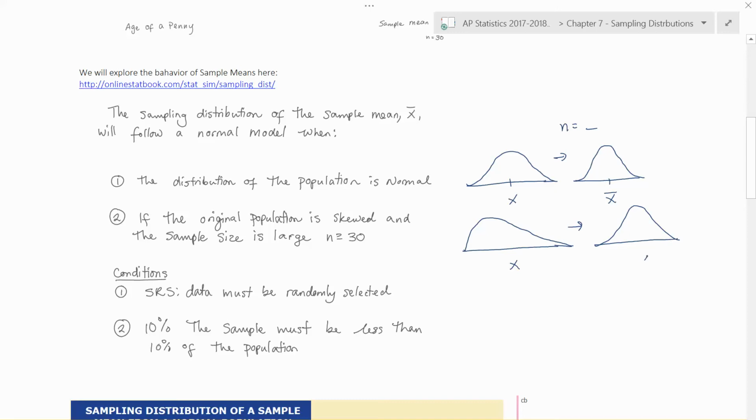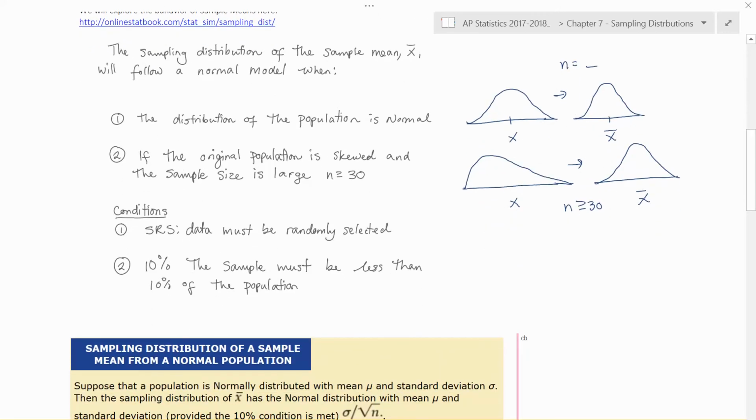And that circumstance has a rule that statisticians have decided on, where the sample size n is greater than or equal to 30. And that's a pretty conservative choice. We tend to see a normal model even for sample sizes that are smaller than that. But to be conservative, we say that this behavior will be observed when the sample size is 30 or more.